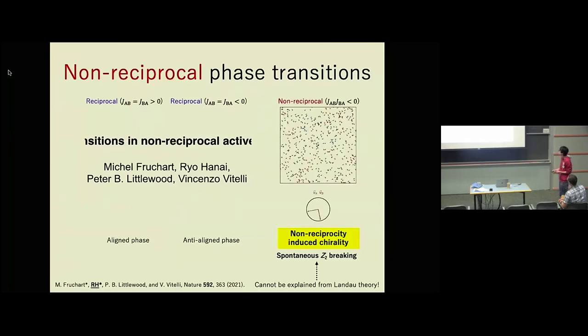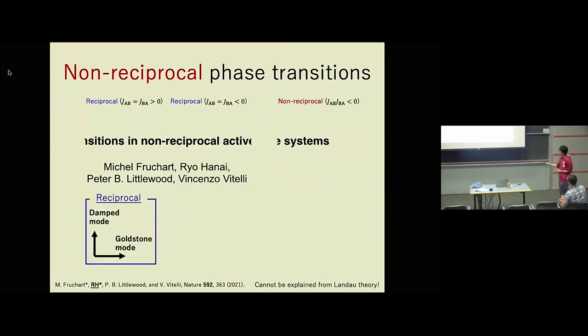What's special about this transition point is as follows. If it were reciprocal, you would have two modes because there are two arrows. Because the system has broken U(1) symmetry, you have a Goldstone mode, and because the system is reciprocal, you have a mode orthogonal to it, which is a damped mode.